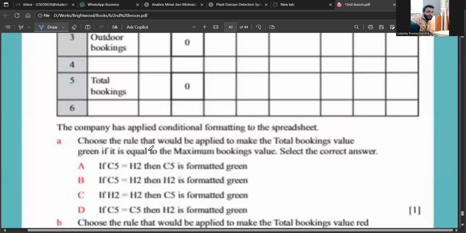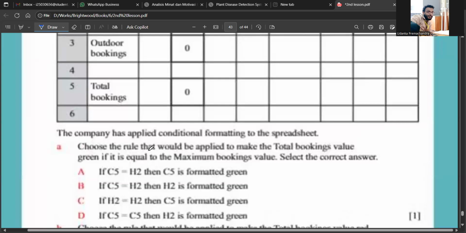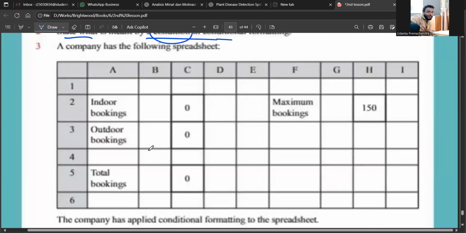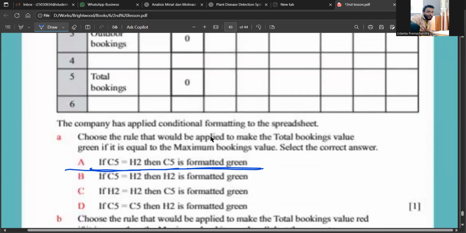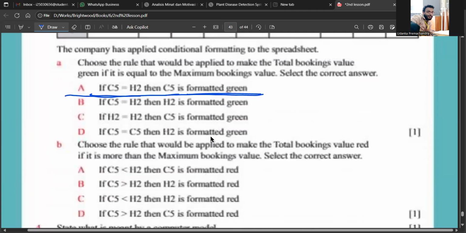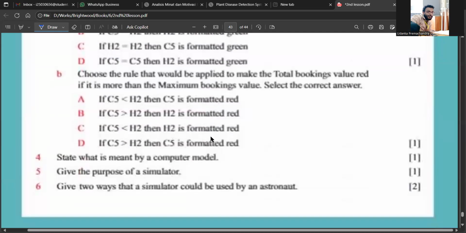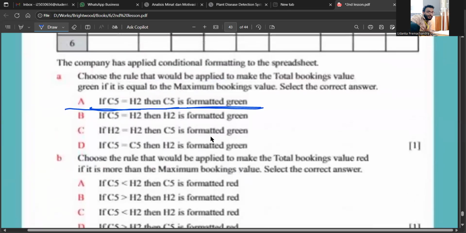It should be highlighted, so C5 should be highlighted when C5 is equal to H2. When the cell value is equal to the highest value, it should be highlighted.